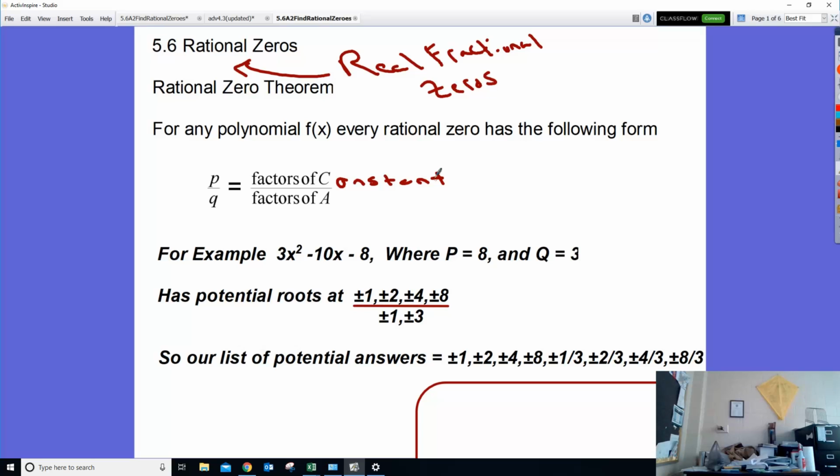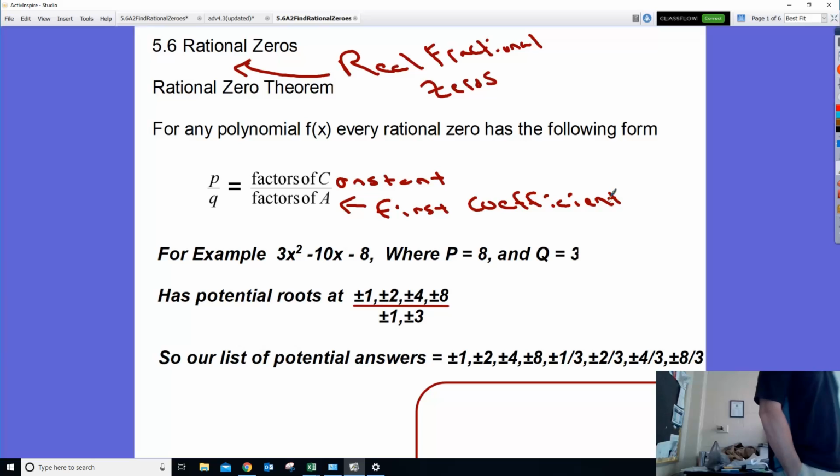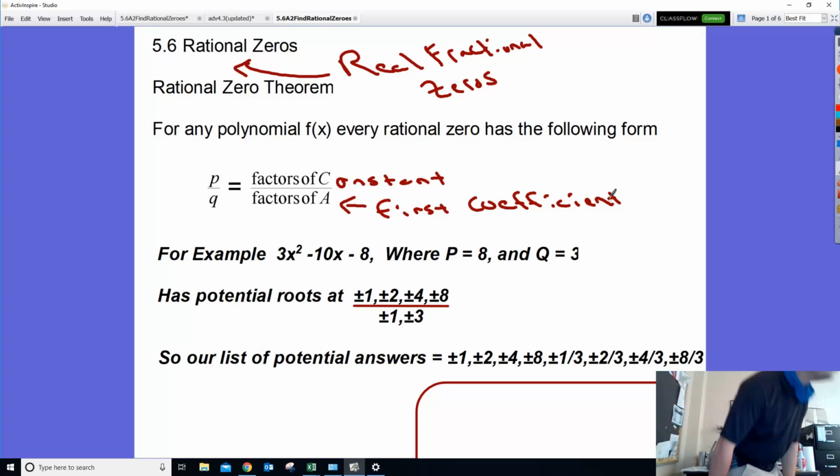Now, where do you find a? This is the first coefficient. Now this says that little list gives you a list of all possible potential zeros or roots.